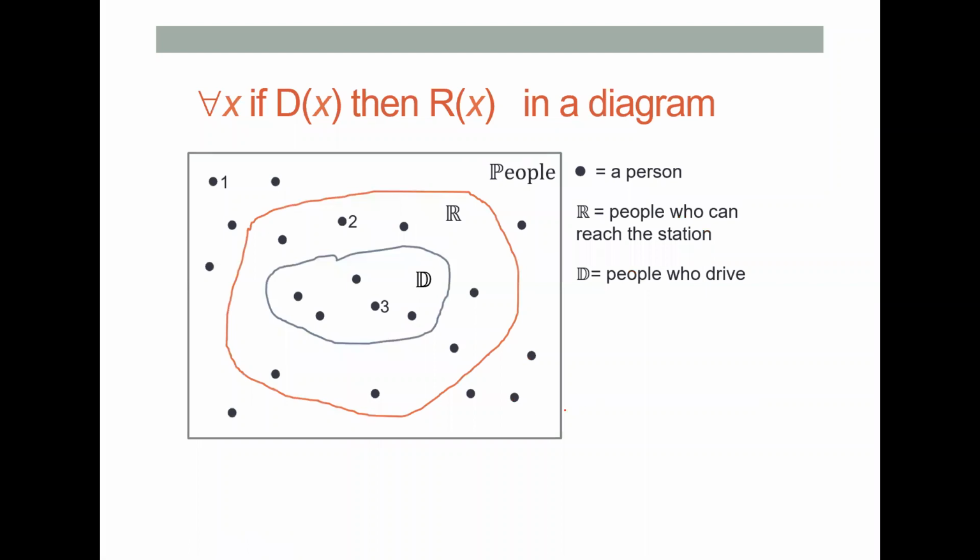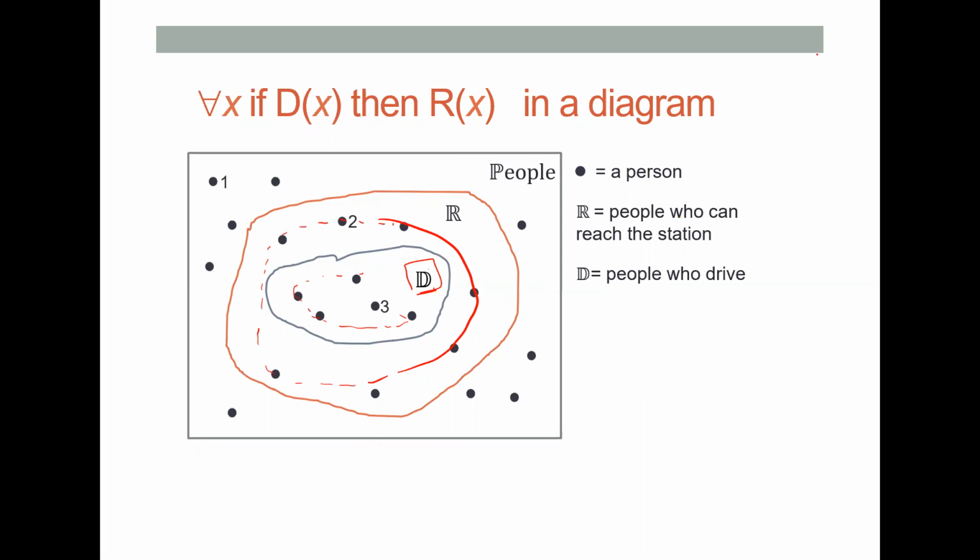Let's consider the meaning. If you have the Venn diagram here, those elements belong to the set of people who can drive a car, including D, of course. Those elements represent the set of people who can reach the station.